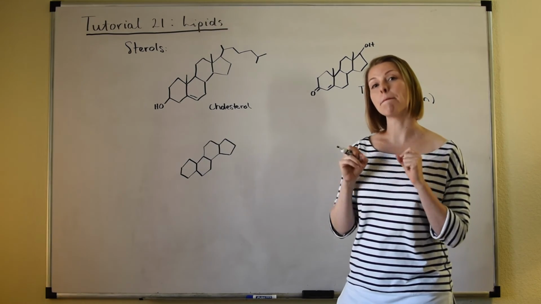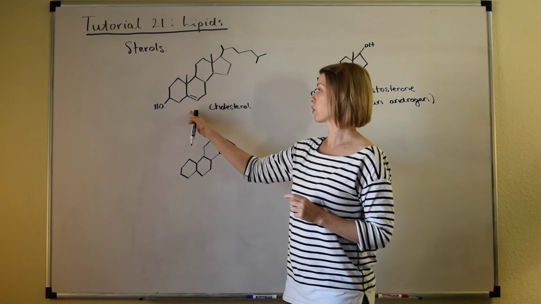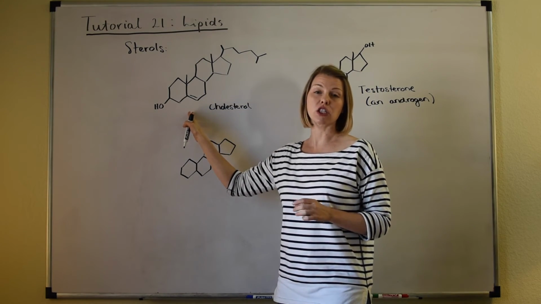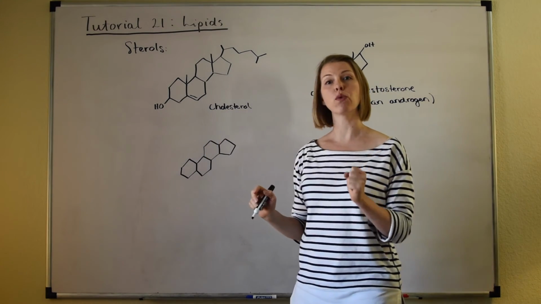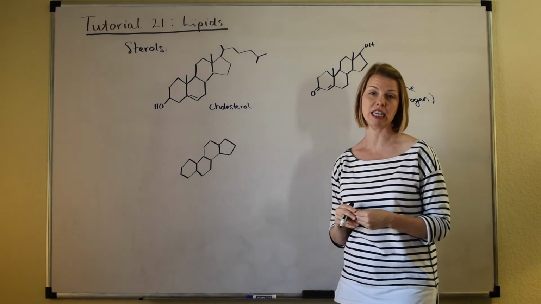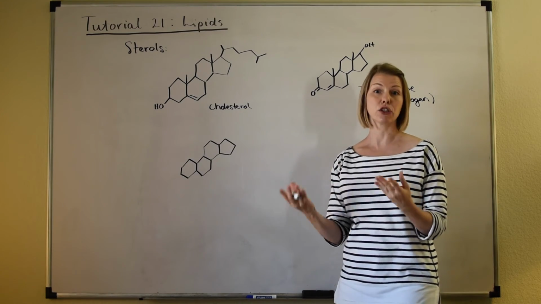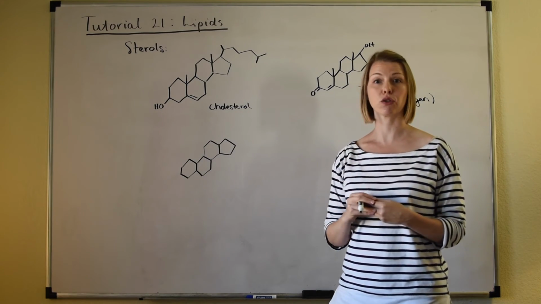Now, the most abundant sterol in animals is cholesterol. And cholesterol is going to play a very important role in cell membranes, which will be our discussion in tutorial 22. So we're going to be seeing sterols again in tutorial 22, specifically cholesterol.